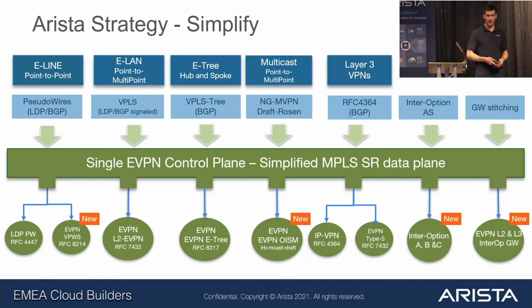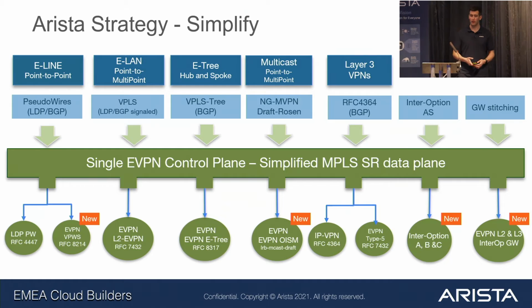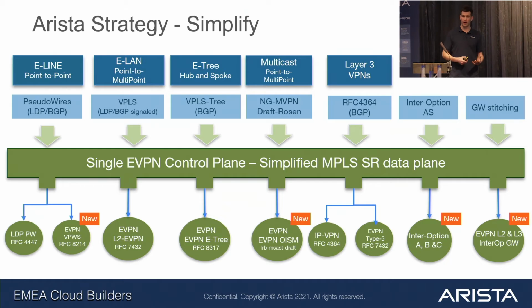EVPN as a control plane is a simplified way of providing many different services, whether that be pseudo-wire type or cross-connect type connectivity, VPWS, virtual private wire services, layer 2 VPNs, layer 3 VPNs, Metro Ethernet type offerings as well, inter-AS option A, B, and C, integrating from one EVPN domain to another, whether that be over VXLAN or MPLS. Lots of new features have been added over the past year or so.